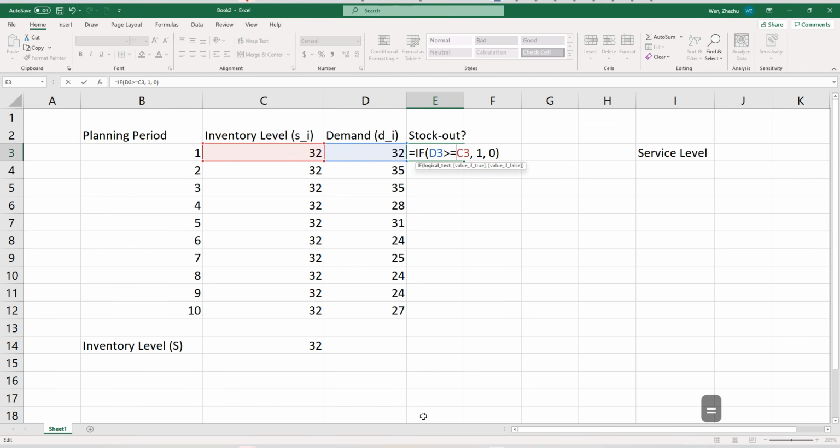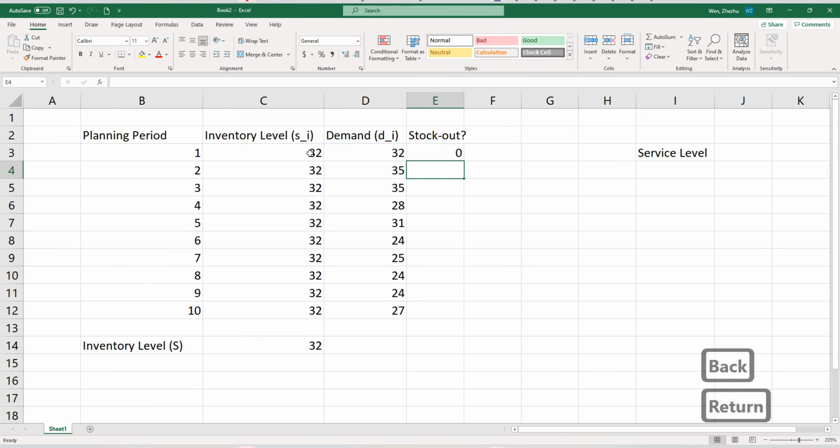Should we exclude it or include it? We should not include it, because when the demand matches the inventory exactly, everybody's happy. No stock out happens there. So I think this as is, is good, and this is not a stock out.